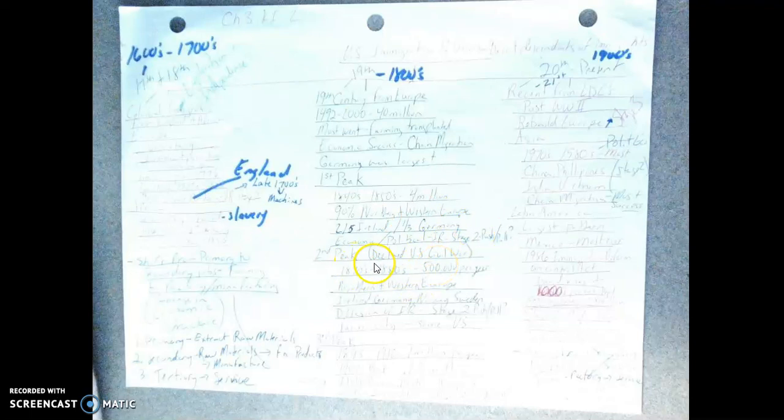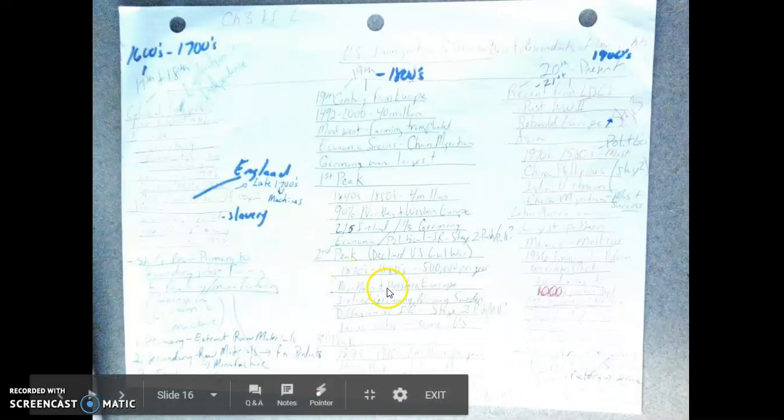Then this declined during the United States Civil War, but then cranked right back up after the Civil War. In the 1870s to 1880s, 500,000 people came per year. Northern and Western Europe, like Ireland and Germany, but then that Industrial Revolution technology diffused north into Scandinavia, so Norway and Sweden.